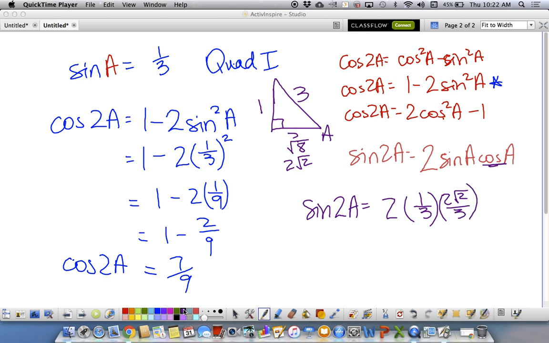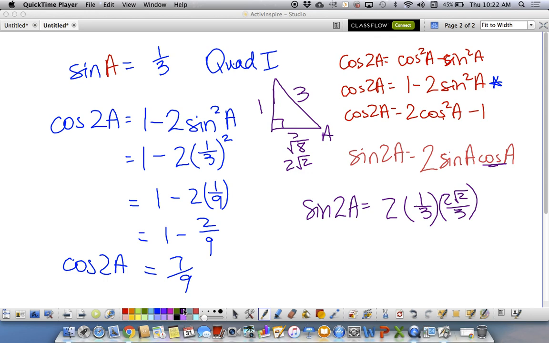So we've plugged this in. We have the 2, we have sine A, and we have cosine A. As long as we're still in quadrant 1, we're all happy because nothing changes. I did the Pythagorean theorem really quick to get the third side of a right triangle. I expect you to be a little bit quick on that. Then if I know A is here, cosine is simply adjacent over hypotenuse.